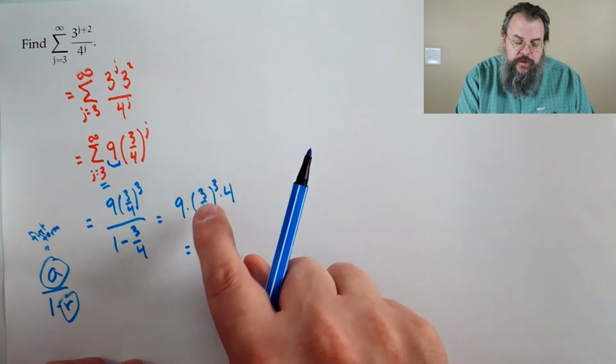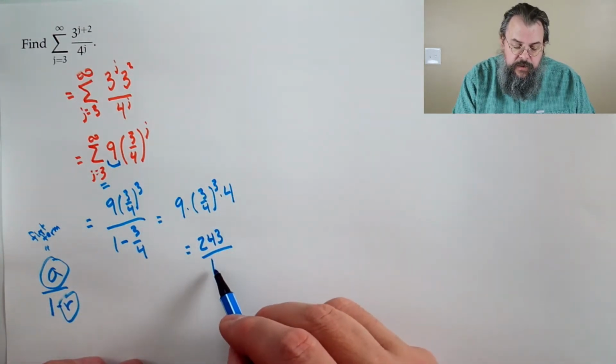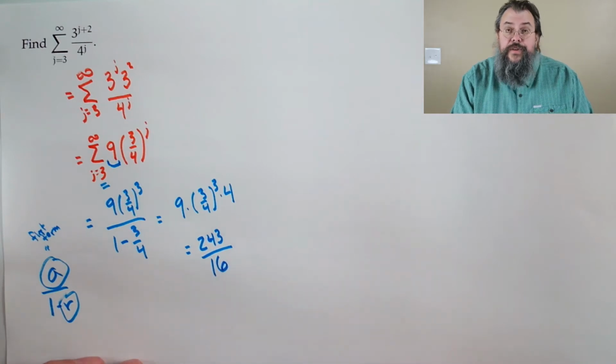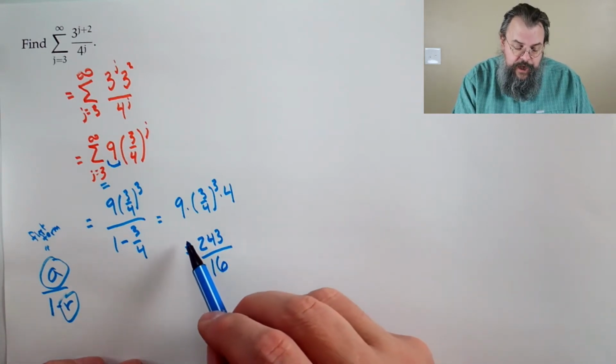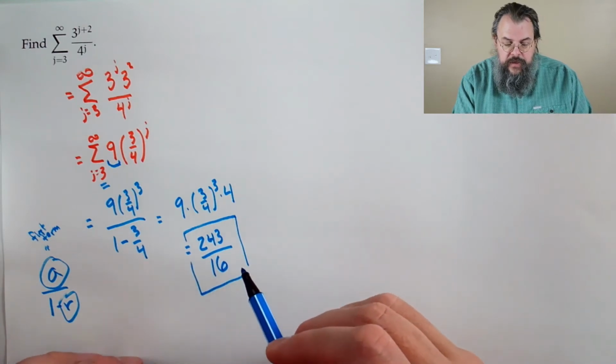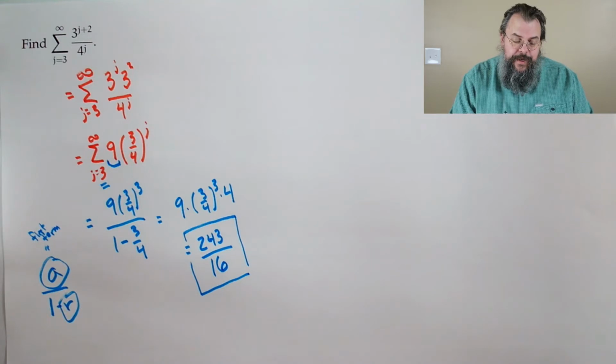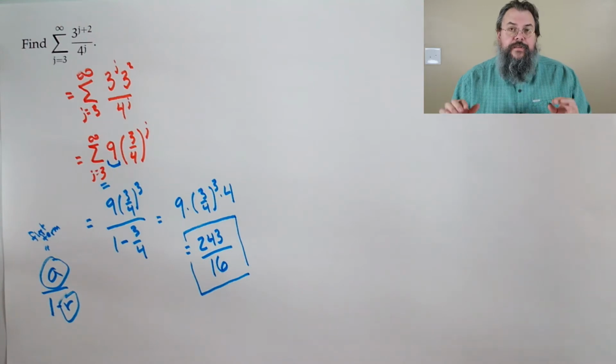Well, 4 cubed, but there's a 4, so we really get 4 squared downstairs because we can cancel off a 4. So 243 divided by 16. And there we are. That's the answer. Beautiful.